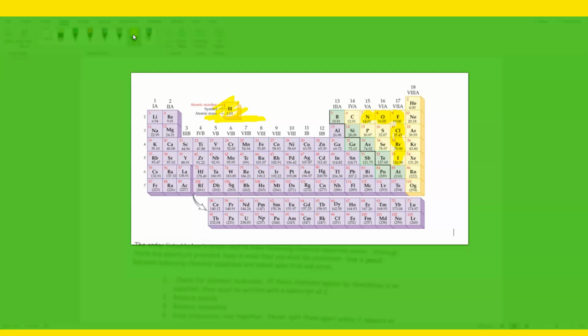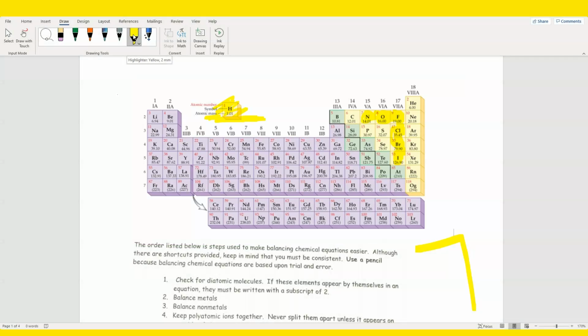And as you can see, it literally forms the number 7, okay? So those are your diatomic elements that you want to be aware of. And again, they form the number 7. Once you know that, it helps you when it comes to balancing these chemical reactions that consist of those diatomic molecules.